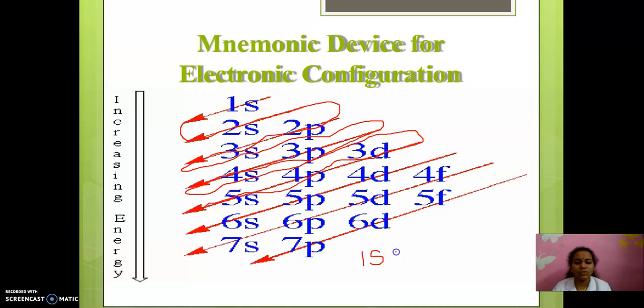So the order will be 1s, 2s, then 1s, 2s, 2p, then 1s, 2s, 2p, 3s, 3p, 4s, like that.